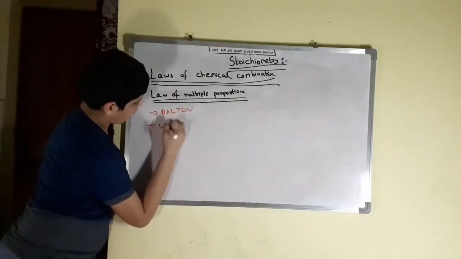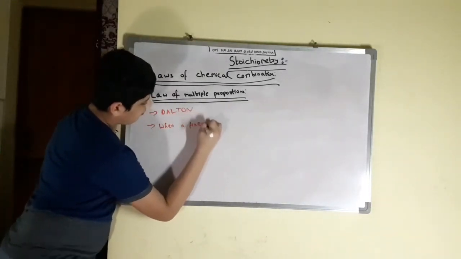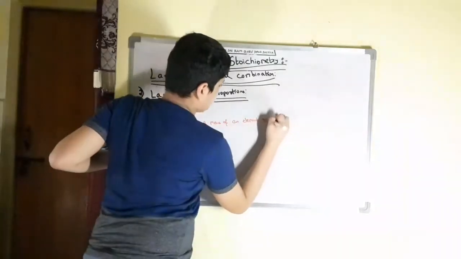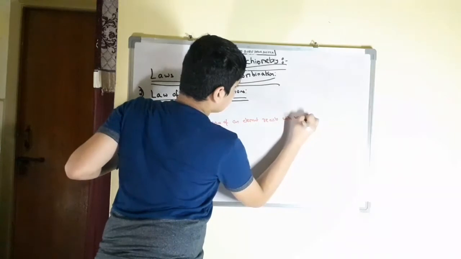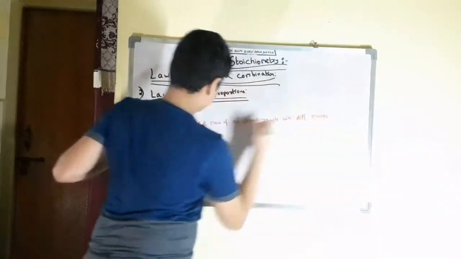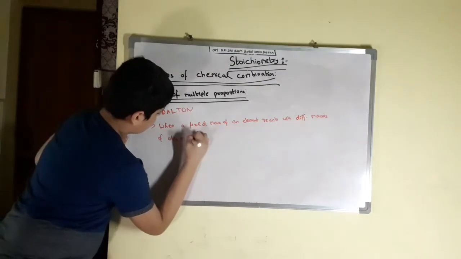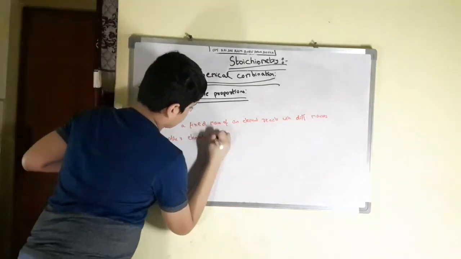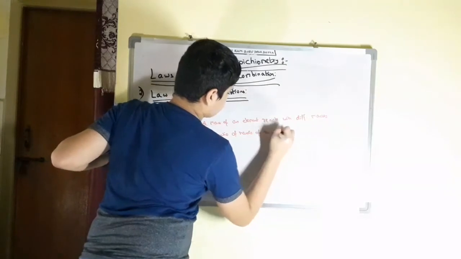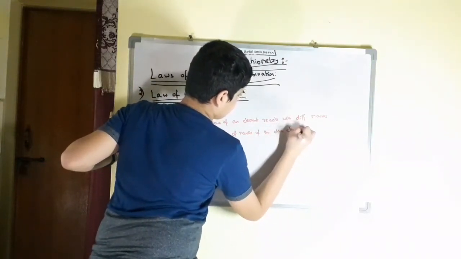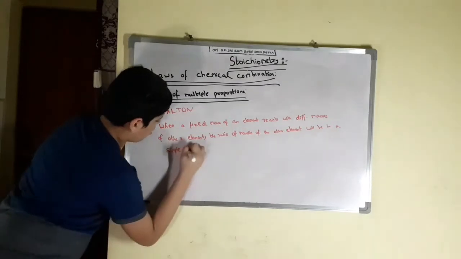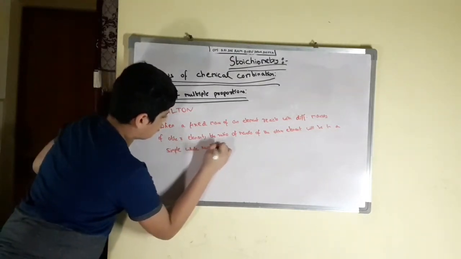When a fixed mass of an element reacts with different masses of other element, the ratio of masses of the other element will be in a simple whole number ratio.